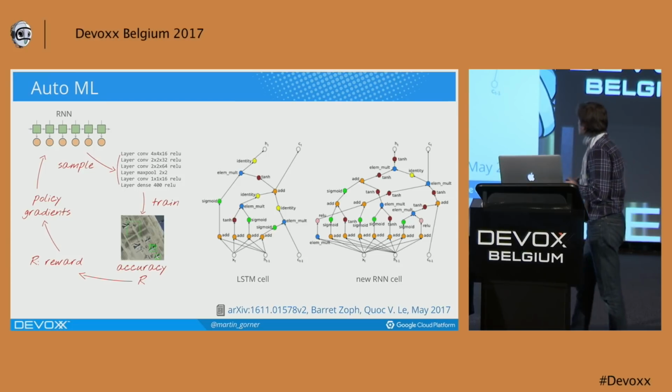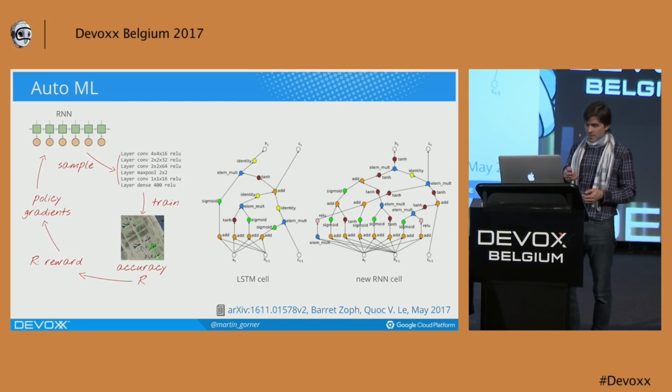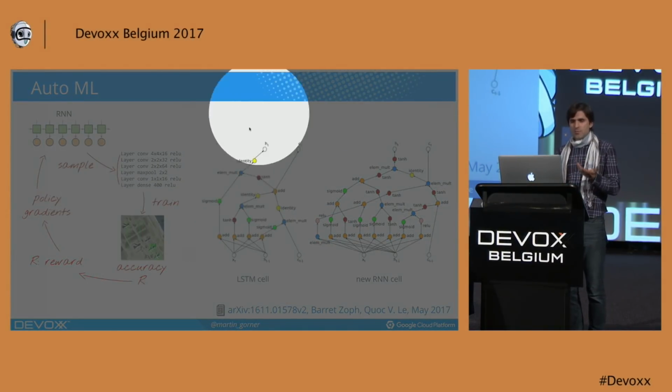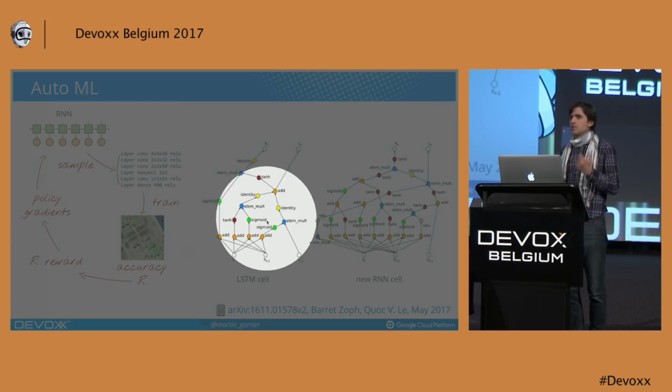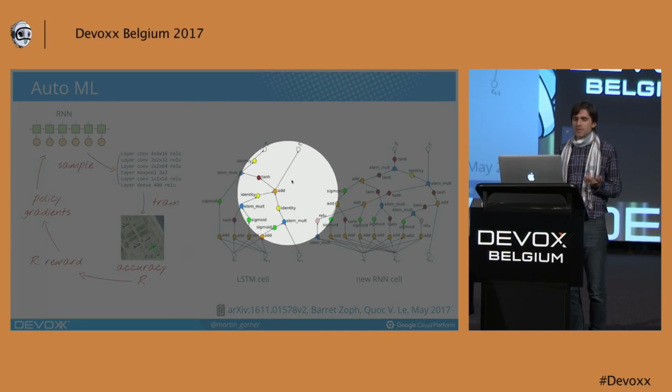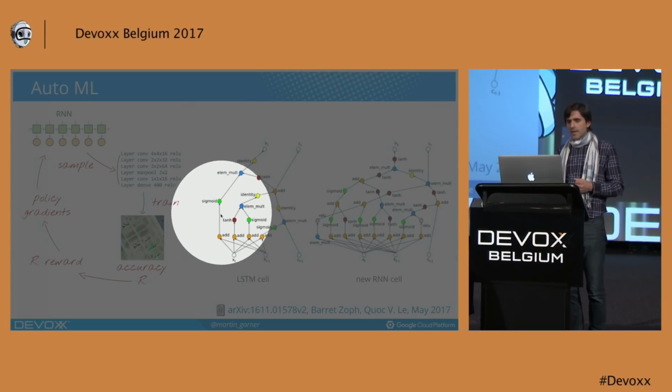And here I'm giving you two examples. So this is a graph of a standard LSTM cell. So this is built by humans. This is the recurrent neural network cell that we have seen previously, not the one that is used most often, but another one.